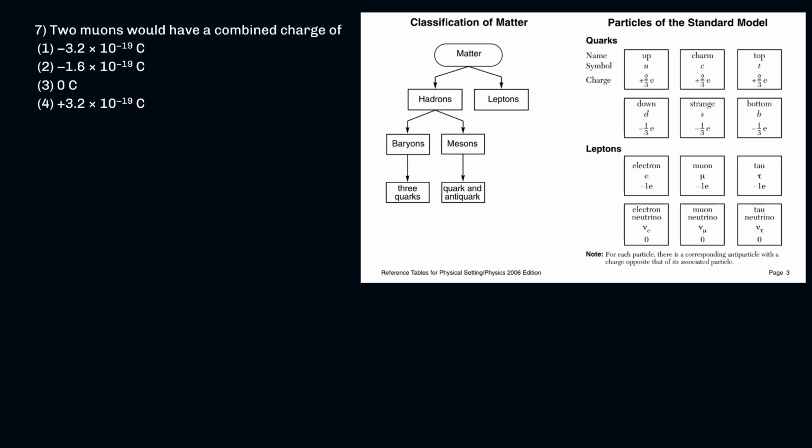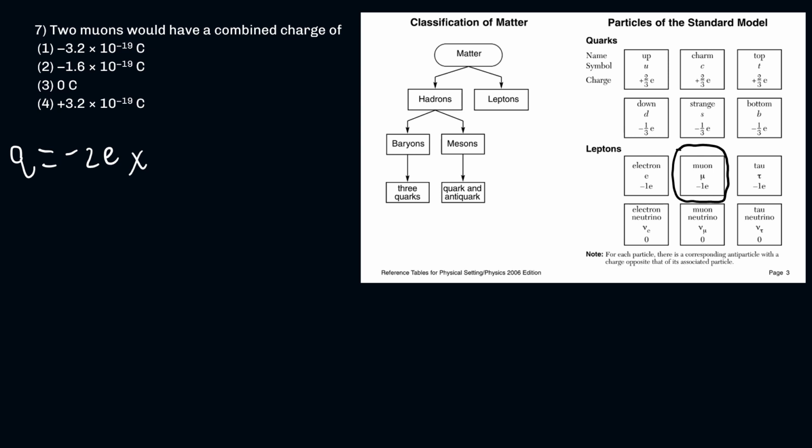So look at this. We have here what a muon is. Look under leptons. We are given that a muon is negative 1 elementary charge. So now all I have to do with 2 muons is convert this into coulombs. So I have negative 2 elementary charges as my charge. Charge is Q, and it equals negative 2 elementary charges, which I want to get into coulombs.